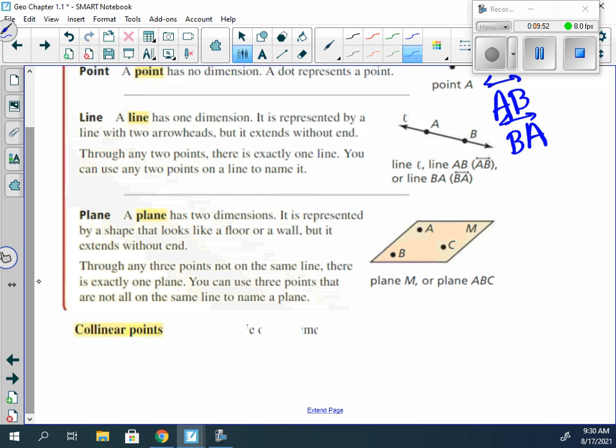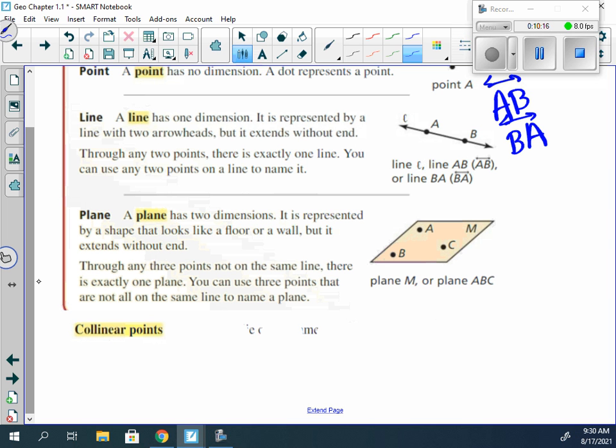But when we look at this here, a plane has 2 dimensions. It is represented by a shape that looks like a floor or wall, but it extends without end. Through any 3 points not on the same line, there is exactly one plane. You can use 3 points that are not all on the same line to name a plane.